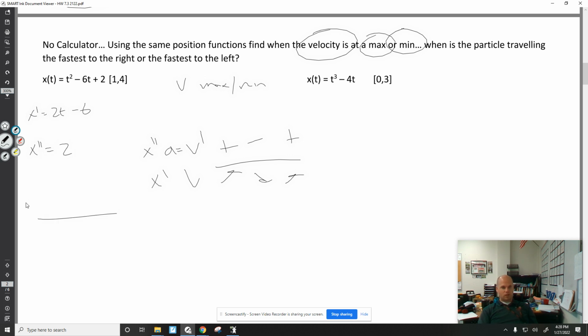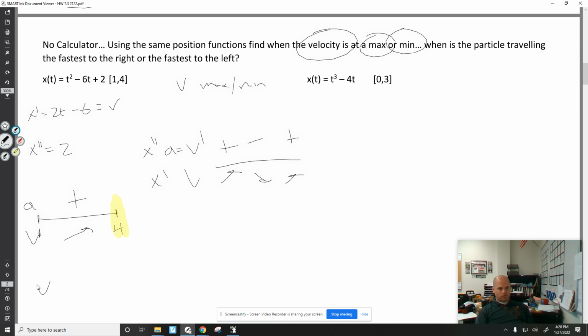Here, my second derivative, my acceleration, is just 2, which means it's positive, which means my velocity is increasing the entire time, which means, and this is another situation we can have, I know for a fact my max has got to be at 4. Why? Because my velocity is increasing consistently over my interval. The acceleration is positive.